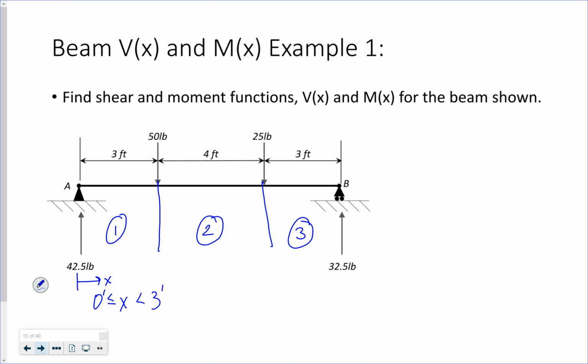Section 2 goes from 3 feet to just before that 25-pound load, which is 3 plus 4, so just before 7 feet. And section 3 goes from 7 feet to 10 feet. Technically, I'm going to put less than or equal to, because we got to get to the end.